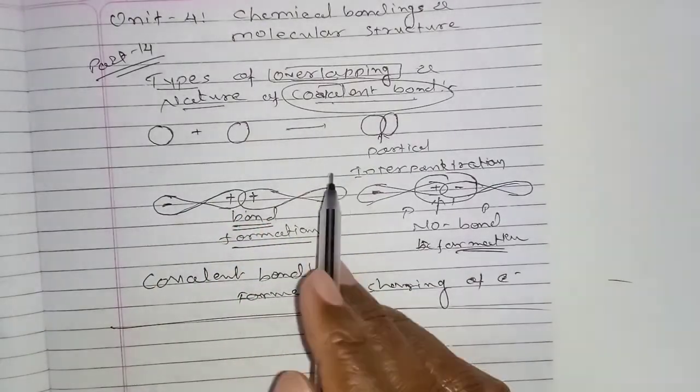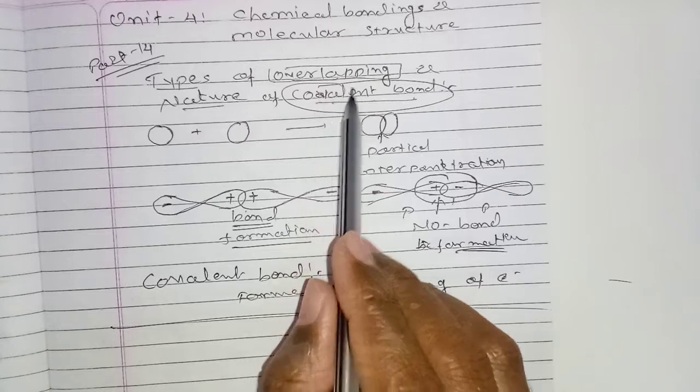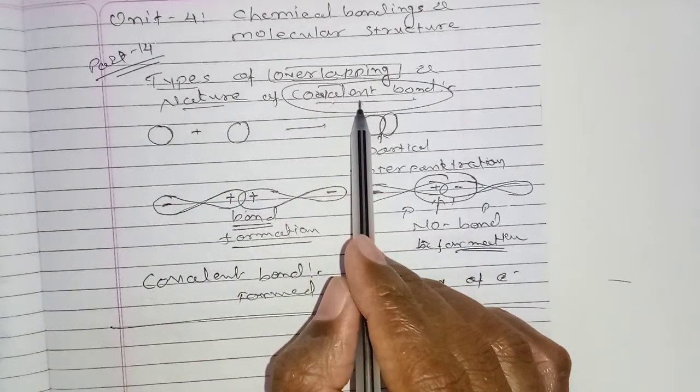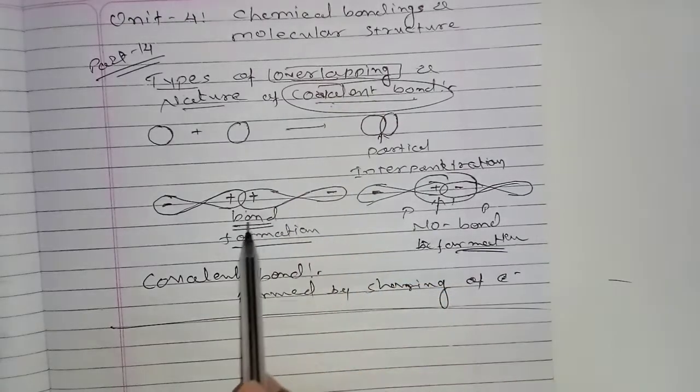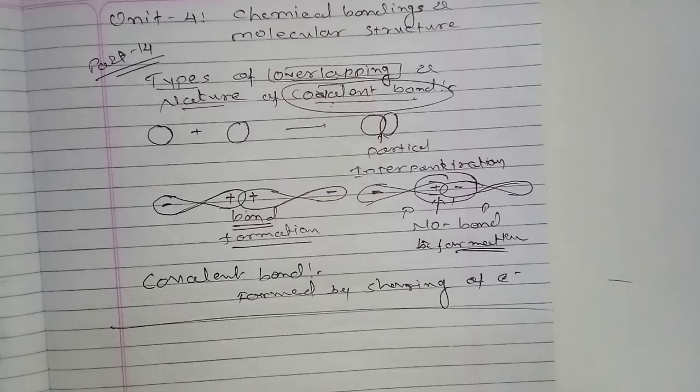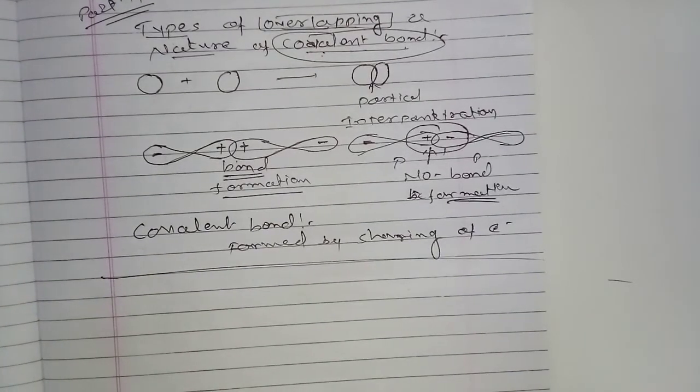Depending upon the overlapping of orbitals, the covalent bond is divided into two parts. Number one is sigma bond, and number two is pi bond.